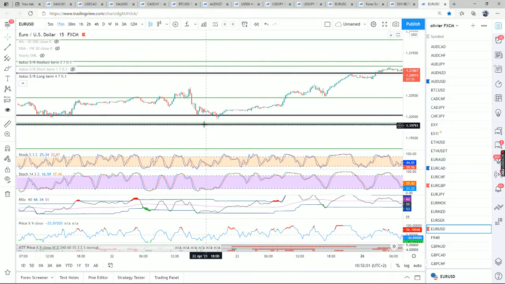So we see the signal came back a little bit later. We were still on this black level, still in oversold condition, and we had a back test of this channel here. When we have a signal and the back test of the channel with a signal and a condition, a setup ready, then we can take a long.